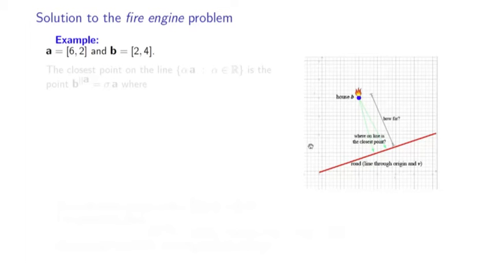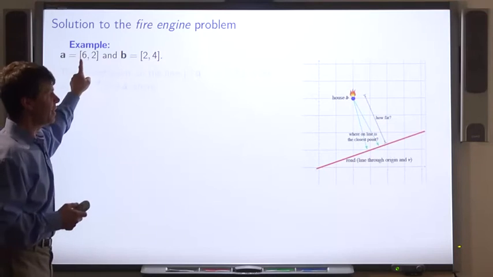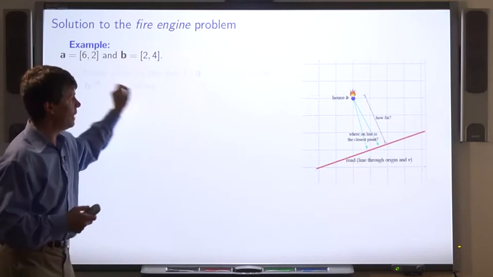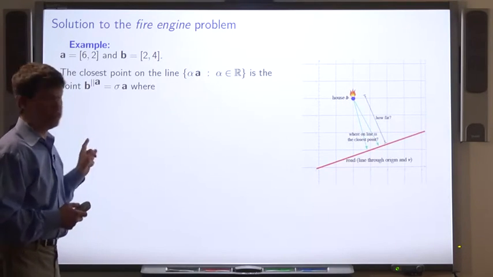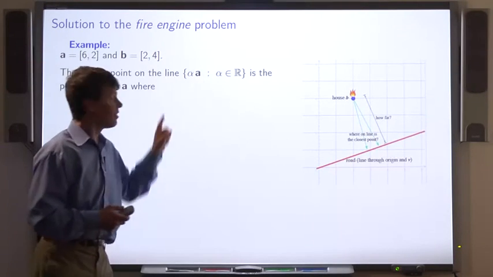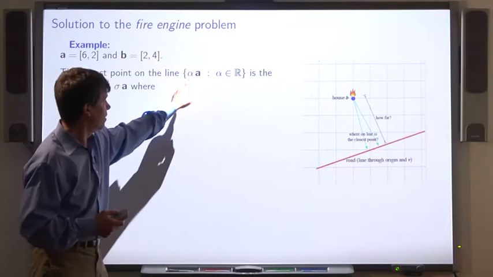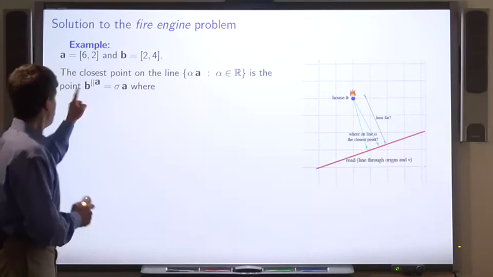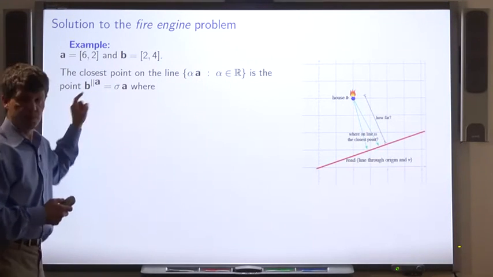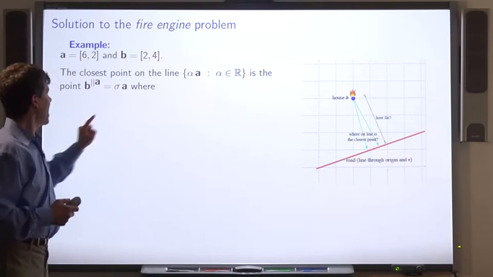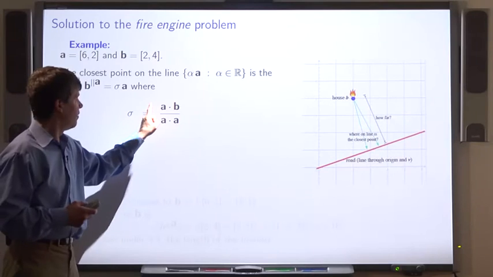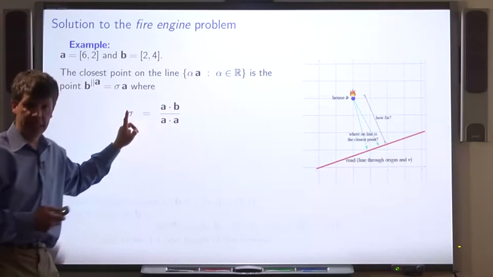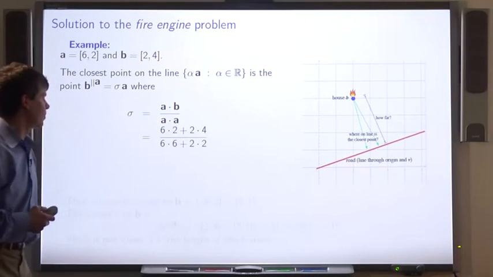Now we return at last to the fire engine problem. We'll take the vector A to be 6, 2, and the vector B is the location of the house, 2, 4. The closest point on the line consisting of all scalar multiples of A is the point B parallel to A, which is sigma times A, where sigma is the ratio of the inner product of A with B to the inner product of A with itself.